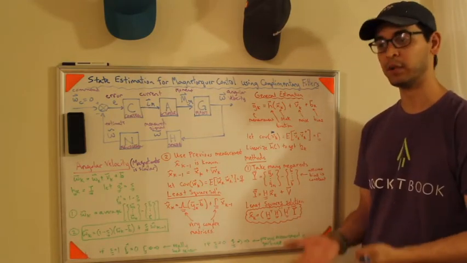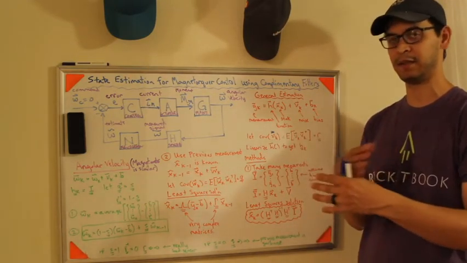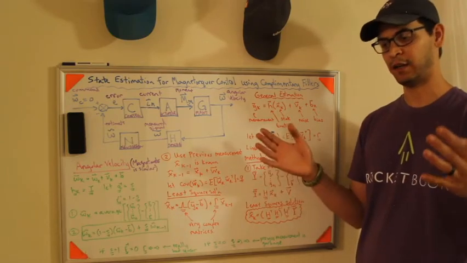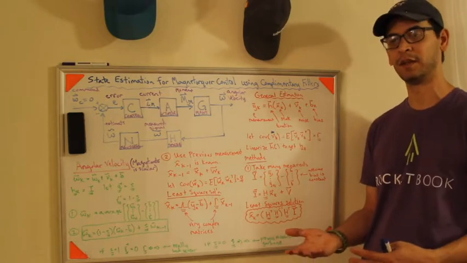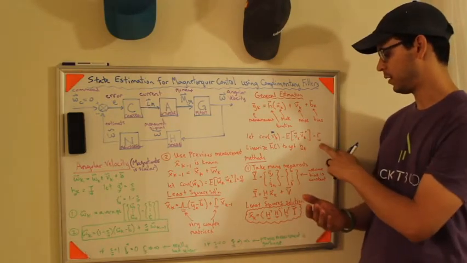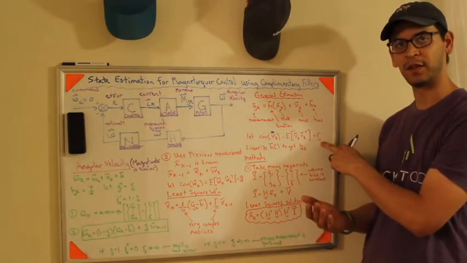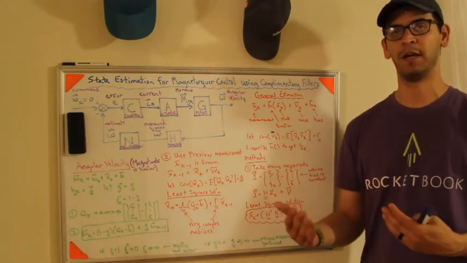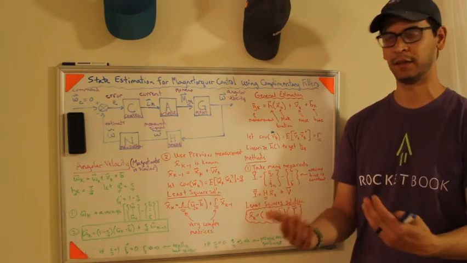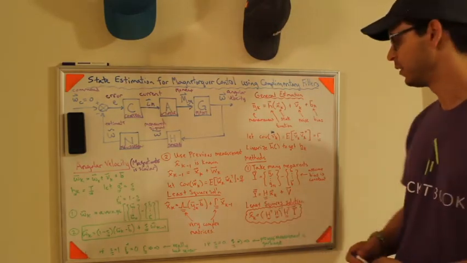If R is really big, it means our sensor is garbage. If R is really small, it means our sensor is really good, we don't have that much noise. The metric for this variable R is kind of a tuning parameter that the control system designer can play with. It's kind of like a gain.